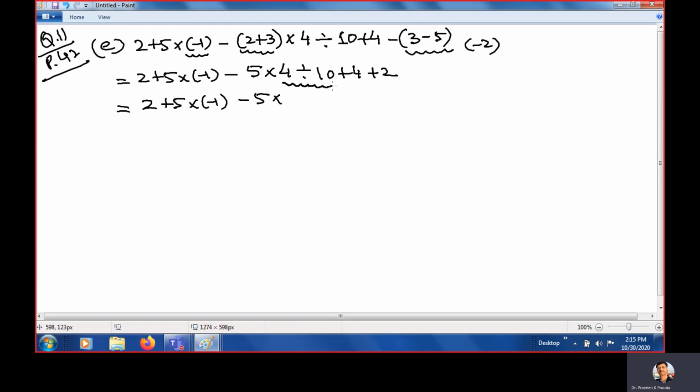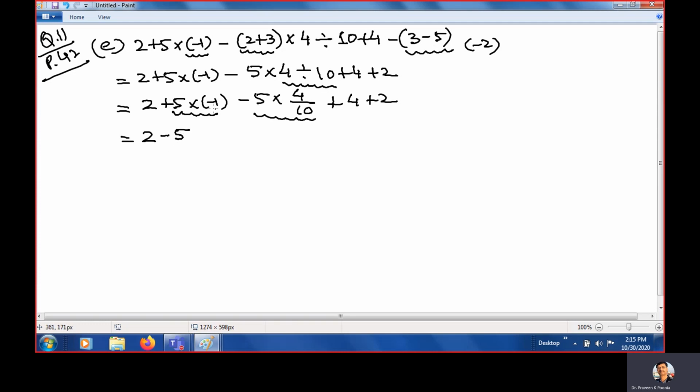Now divide this operation. 4 times 4 divided by 10. If you will divide, 4 plus 2, okay, so 2. Now you need to multiply this. If you will multiply 5 times minus 1, it will be minus 5.